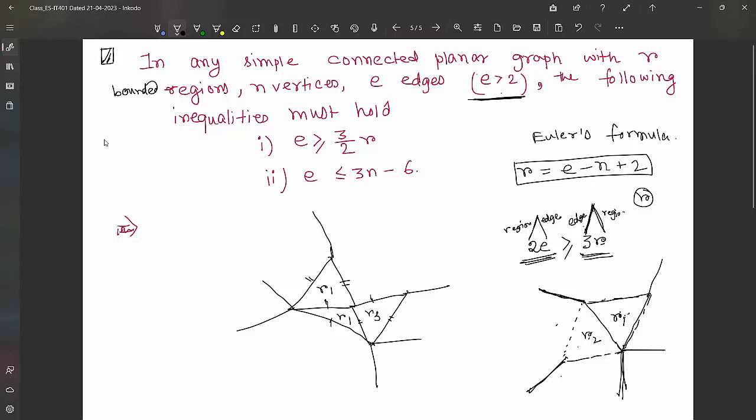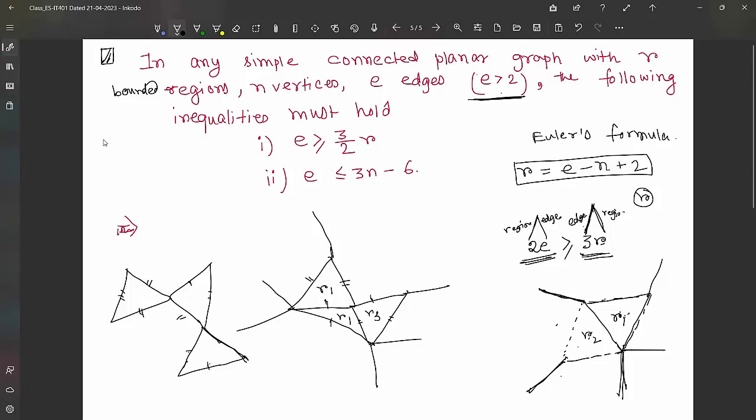To produce one region you need 3, and to produce these 3 regions, you need at most 9 edges, if they are connected in this way: 1, 2, 3, here 1, 2, 3 and here 1, 2, 3.